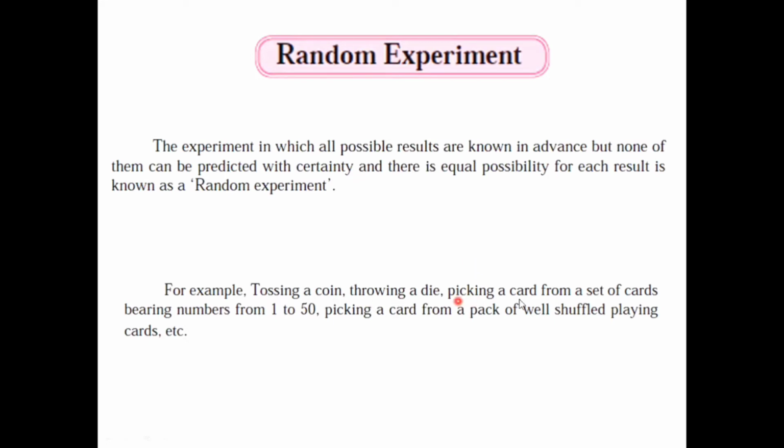Next example is picking a card from a set of cards bearing numbers from 1 to 50. Suppose there are cards from 1 to 50. We have to select any one of them. Then there is equal possibility for all the cards to be selected. But we cannot predict with certainty which one we will get. That's why it is also a random experiment.